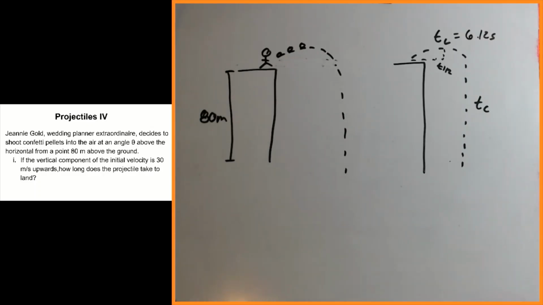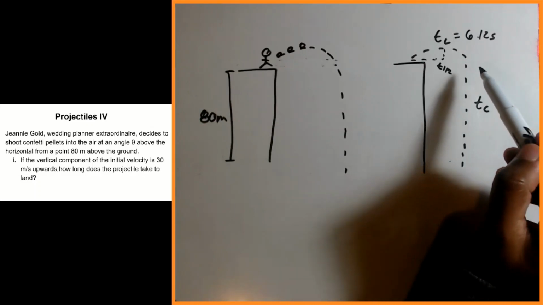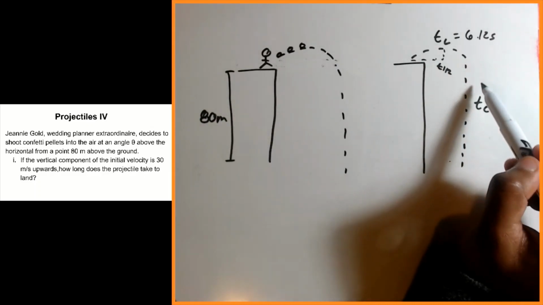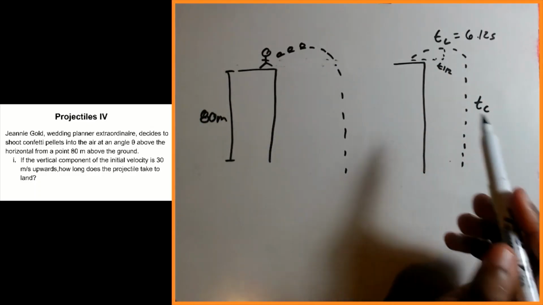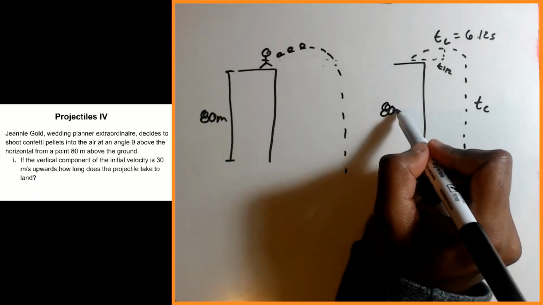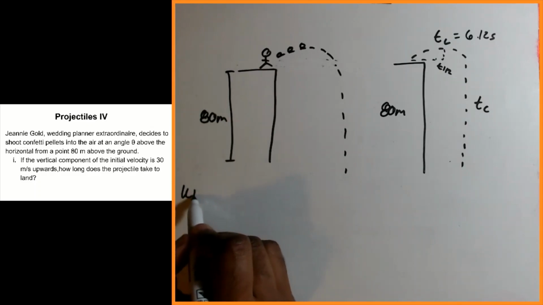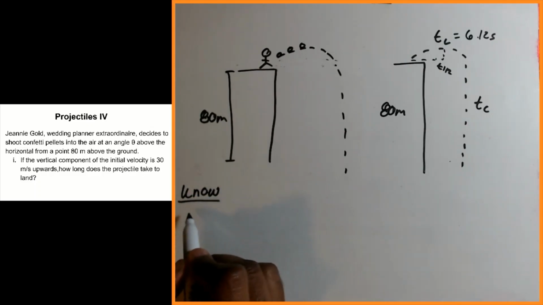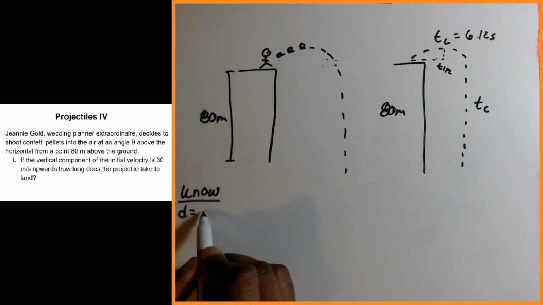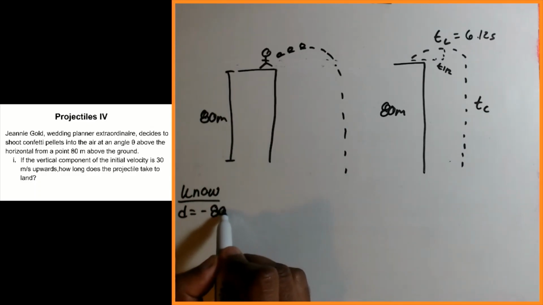Okay, so the next thing we want to do is find the time it takes to travel from the cliff all the way to the ground, so to travel that 80 meters. Let's make a list of what we do know. The distance is equal to minus 80 meters.